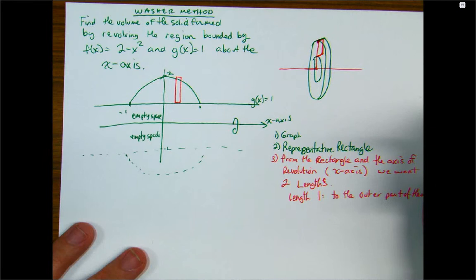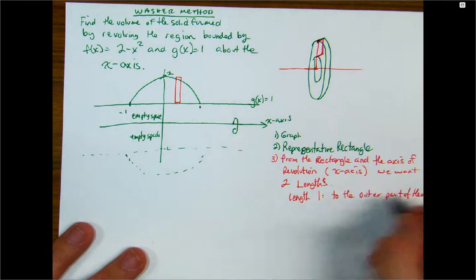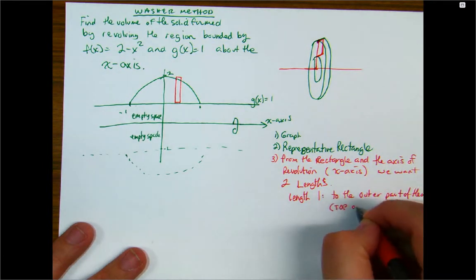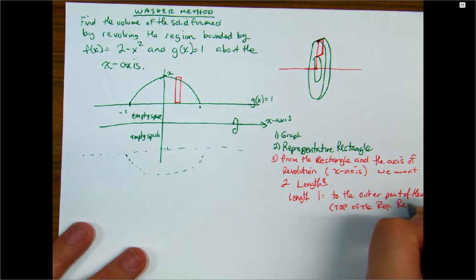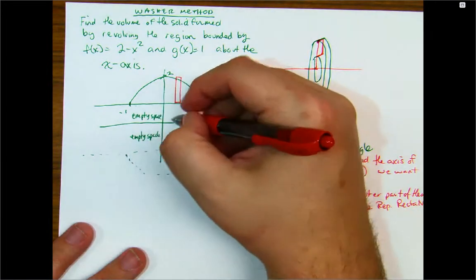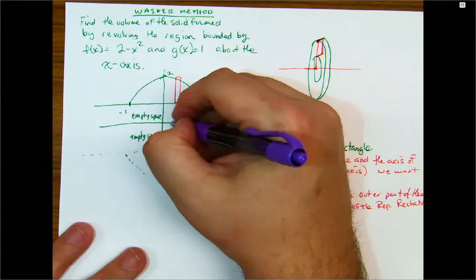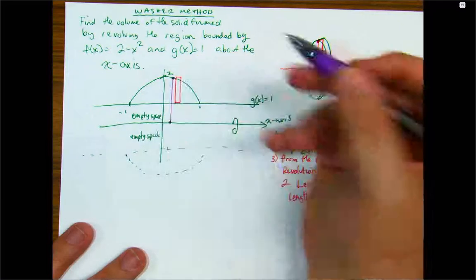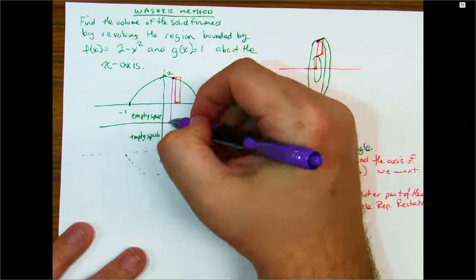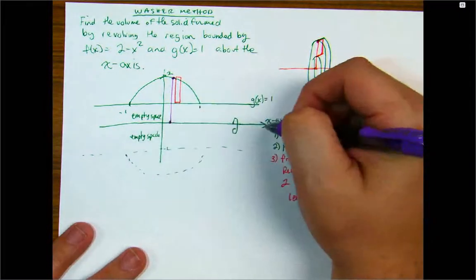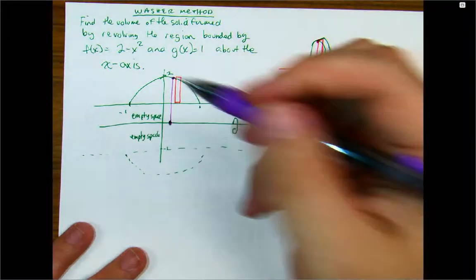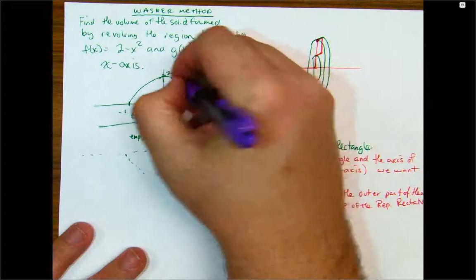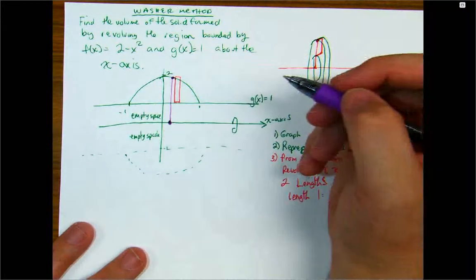The top. This is going to represent the top of the representative rectangle. So if I'm going from here to here, what's the distance from the x-axis, because that's where we're rotating from? What's the distance from the axis of rotation to the top? Yep, 2 minus x squared.